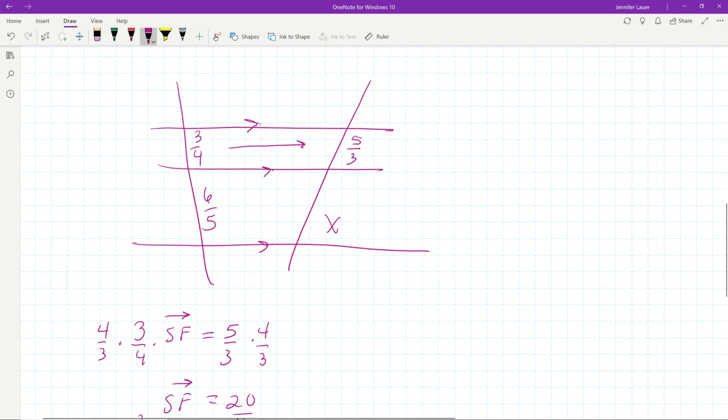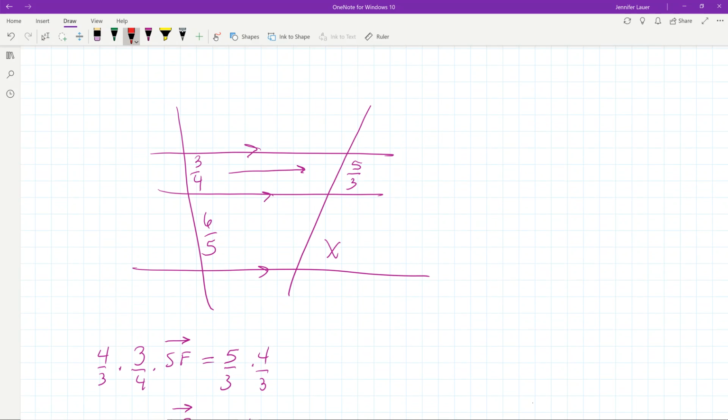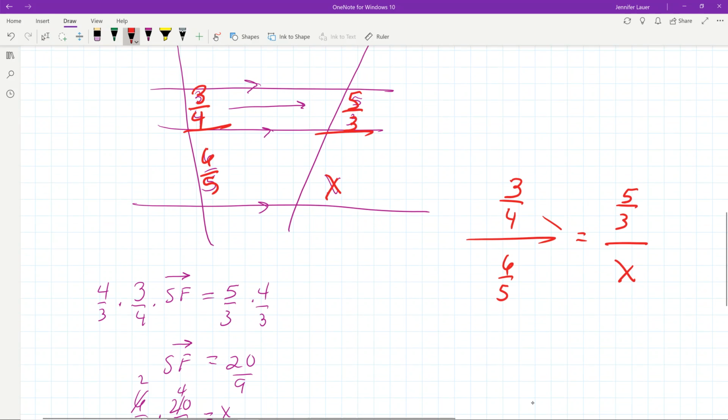Now I'm going to show you my proportion way. Again, I kind of just look at it and say, okay, it's 3/4 over 6/5. Don't let the fractions confuse you. Just make that big fraction in the middle. And I would say 5/3 is to x. Now I'm going to cross multiply.